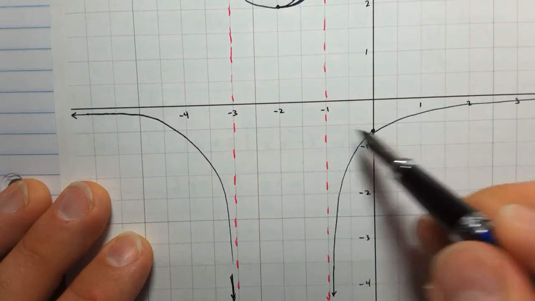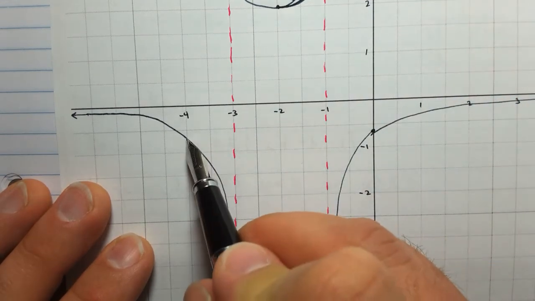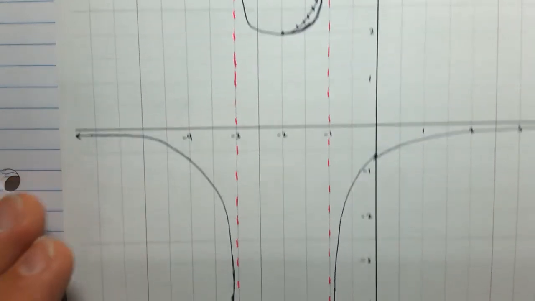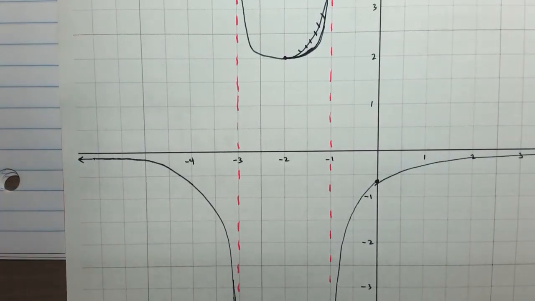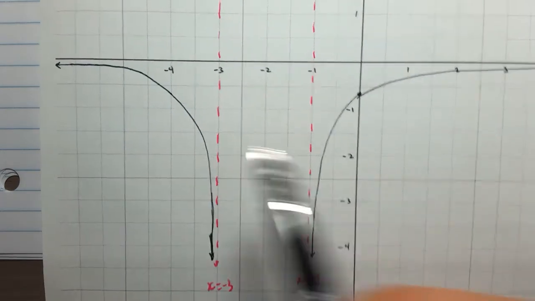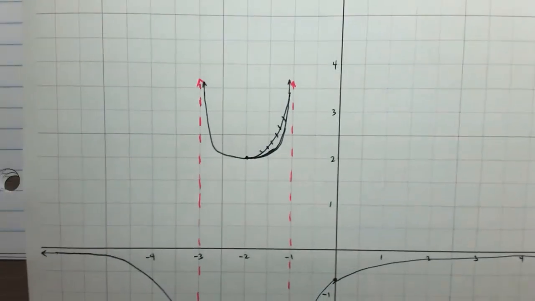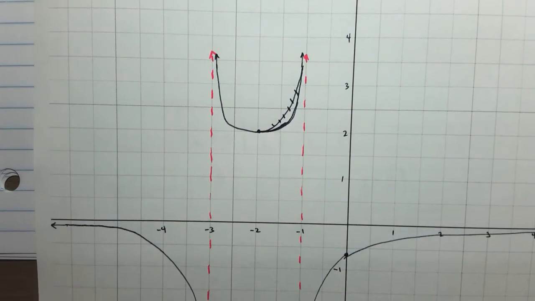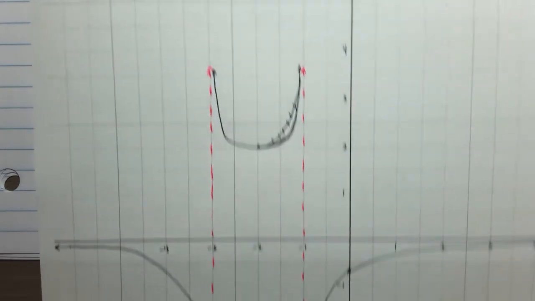If you wanted to, you could even kind of map that point over there. Oh, I did pretty good actually. Feel good about that. And so, a little hard to tell, I can't really zoom out here very well, but that is the curve. So the bottom part makes these 2 kind of L shapes. They're upside down or sideways here. And then we have this U shape in the middle, and apologies about that little bit that I messed up on there. So that's what the curve looks like.